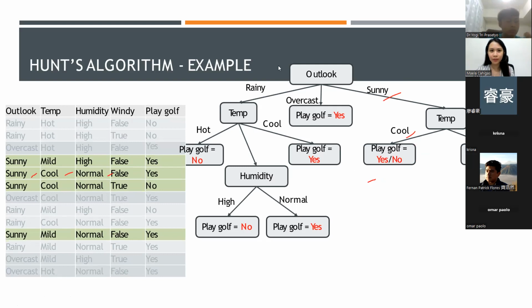The PowerPoint is incorrect, so I'll just put one here. So the next one should be, oh, sorry, humidity. The PowerPoint states windy. Okay, so we should remove that part. So humidity should be normal.